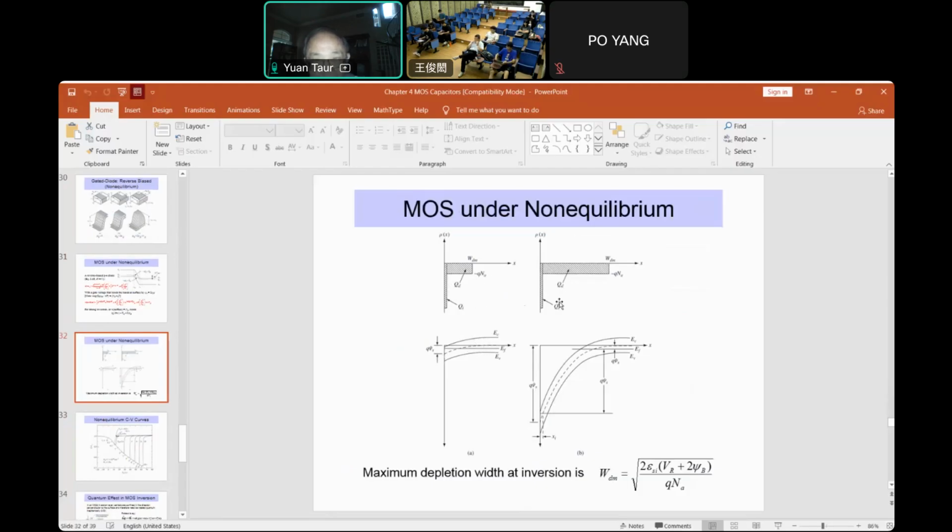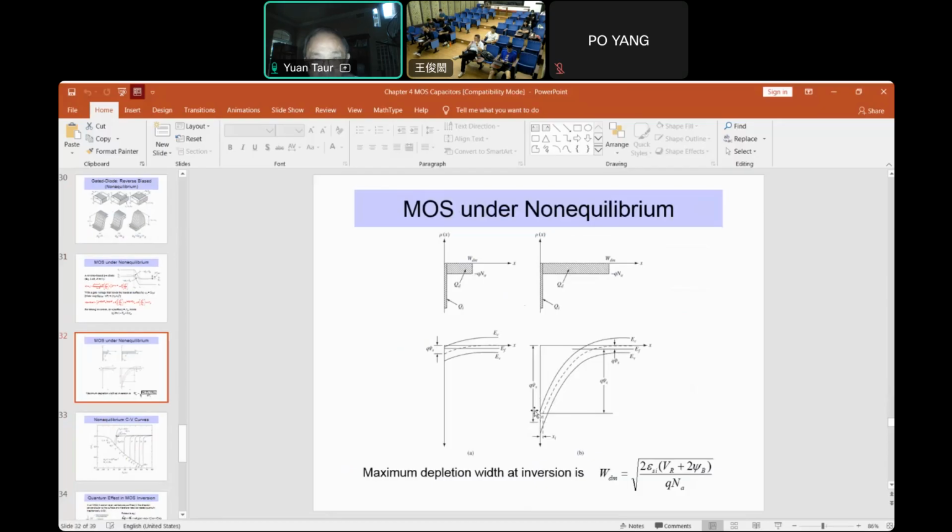But when you have a reverse bias, we now have to talk about the quasi Fermi level. The hole quasi Fermi level is here in the P-type, but the electron quasi Fermi level is way down here due to reverse bias. So now you have to bend the conduction band much lower for it to be close to the electron quasi Fermi level, and that will cause a strong inversion condition.